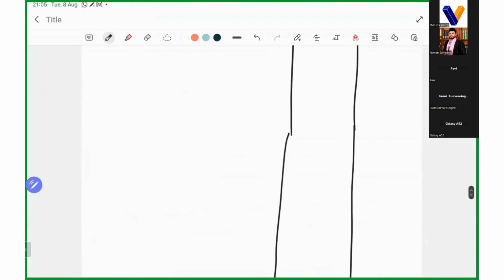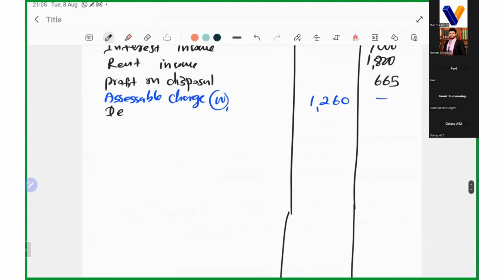So for depreciation, what do we need to do? We need to add back how much? 6,320. So instead of that, we can calculate what? Capital allowances. We need to do a separate working for that.